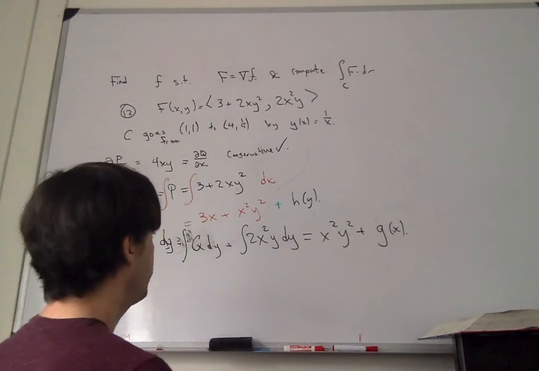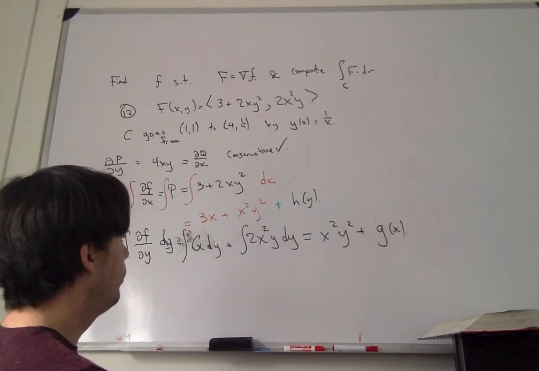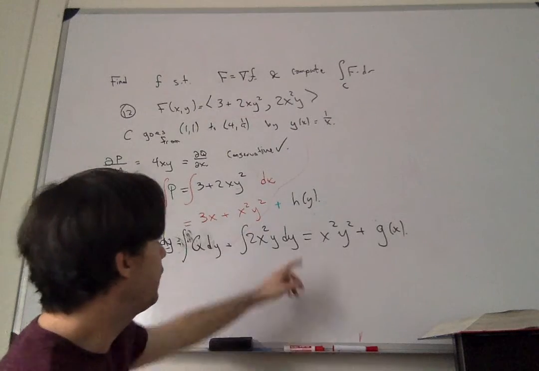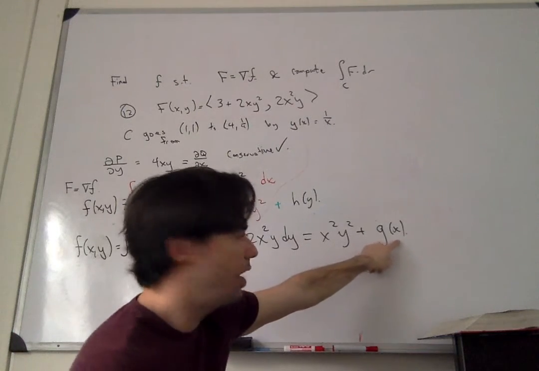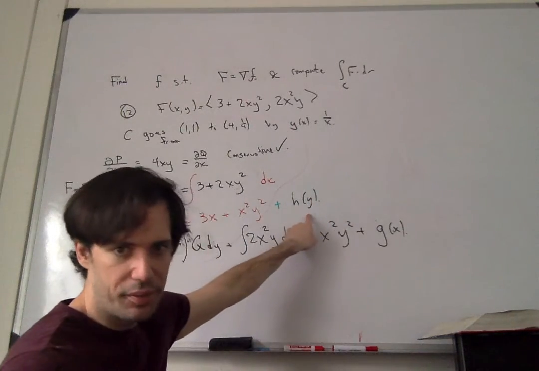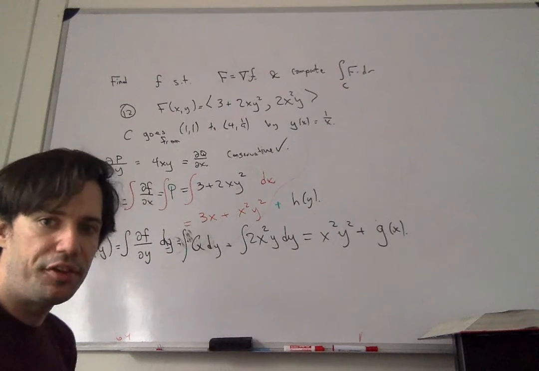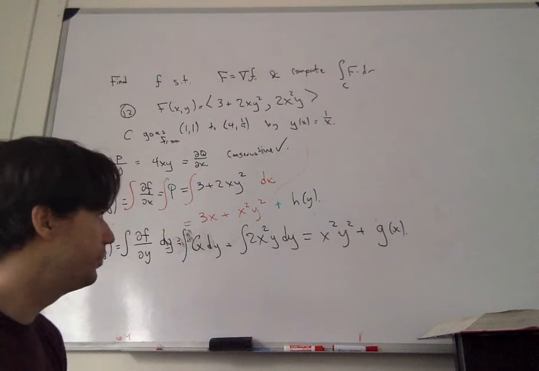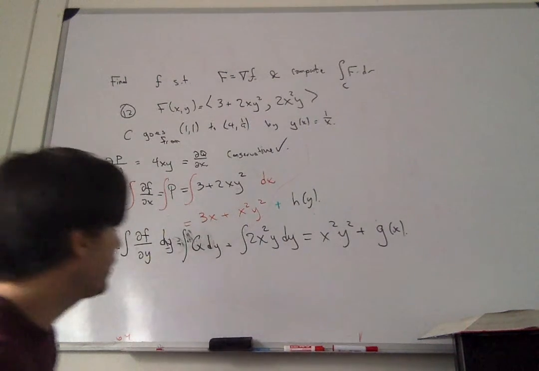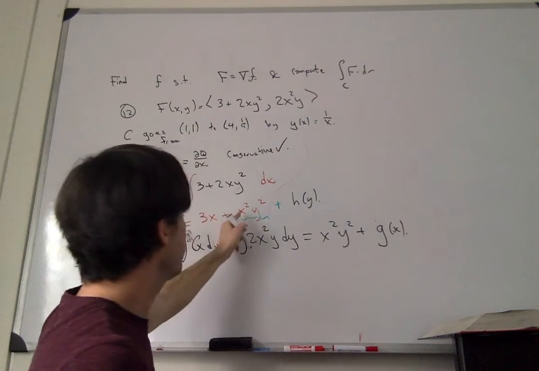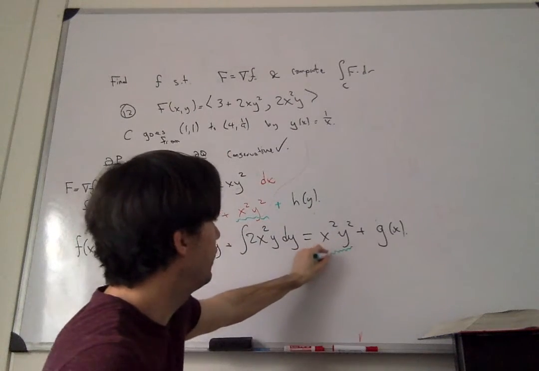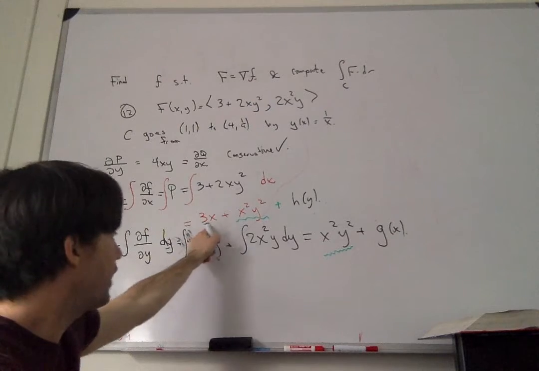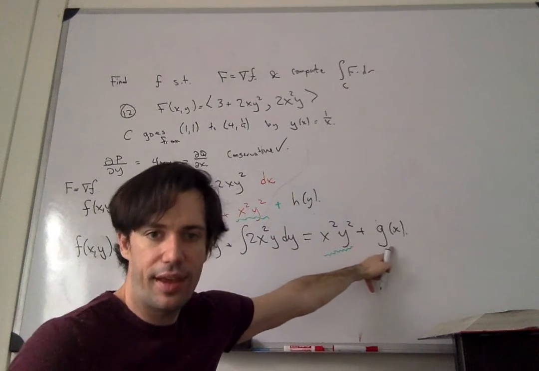But the question is, is there anything I'm missing, right? So here I might have some other x terms. Here I might have some other y terms. So what you have to do is compare these two forms of f. So here I see that there is an x squared and y squared, and here there's an x squared and a y squared. So here I have a 3x, and here I don't. But look, I have a g of x.